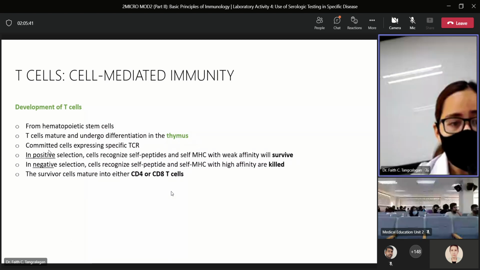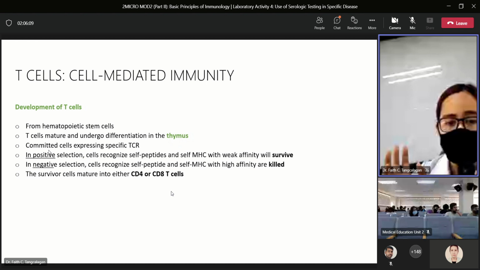Your T cells, during differentiation in the thymus, undergo selection. In positive selection, the cells recognize self peptides and self MHC with weak affinity. These cells with weaker affinity will survive.